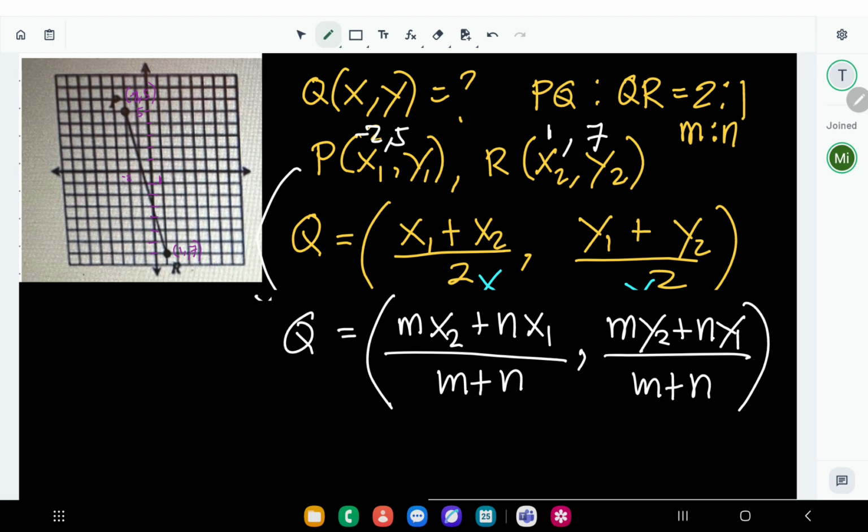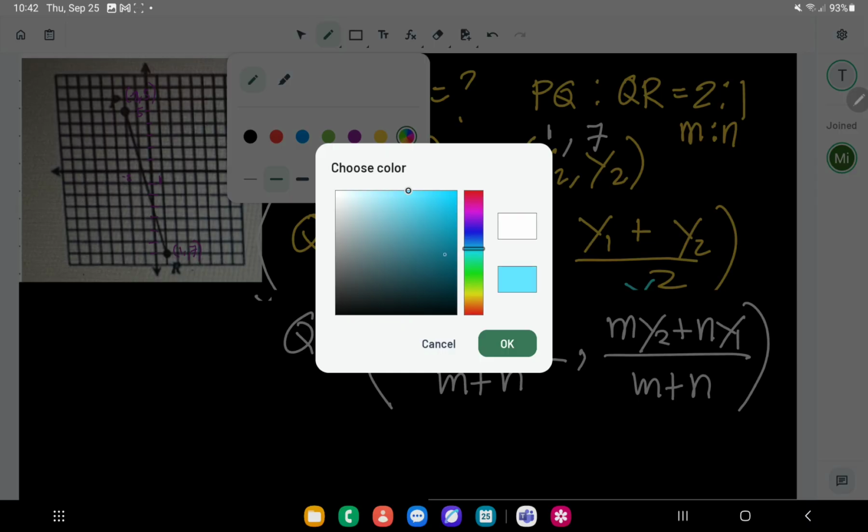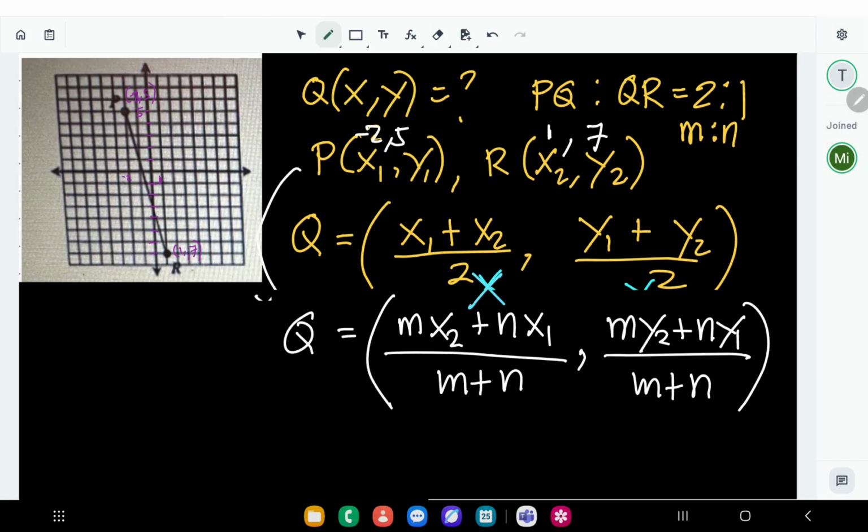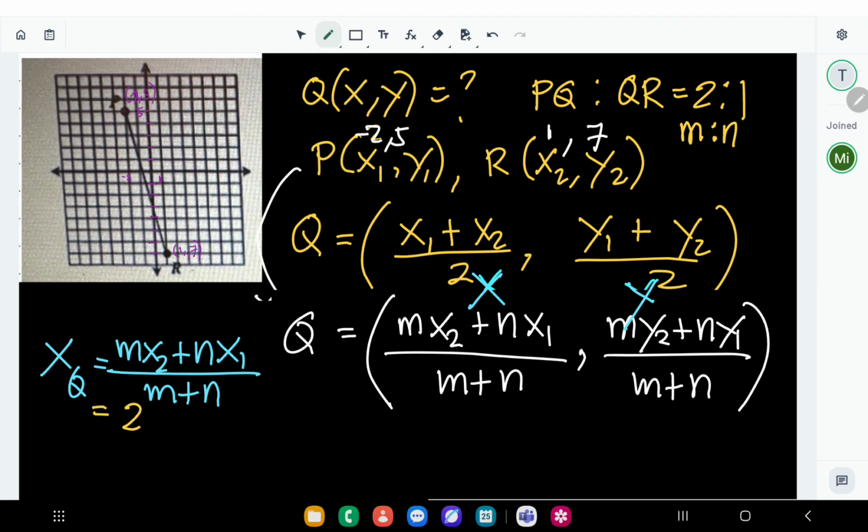Okay, and then we plug in everything. So this one is the x coordinate of point Q, and this one is the y coordinate of point Q. So x coordinate of point Q is m x sub 2 plus n x sub 1 over m plus n. And this is just m is 2, x sub 2 is 1, so 2 times 1.